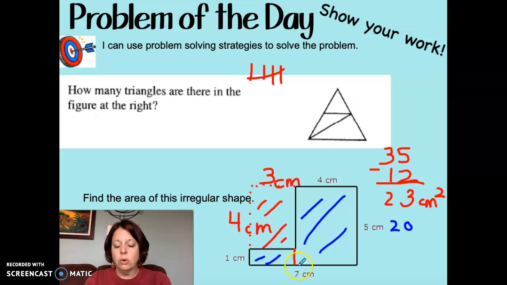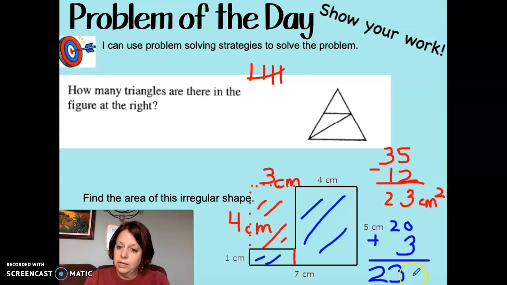We figured out earlier that it is 3 times 1, which is 3. So we add them up: 23 centimeters squared. Again. That tells us we figured it out correctly because we got the same solution twice by doing it 2 different ways.